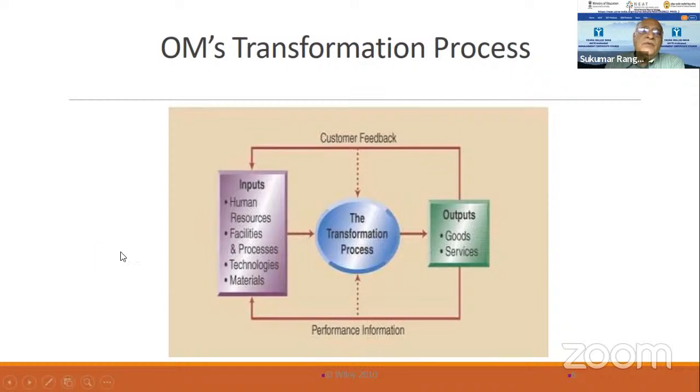Like in the case of services, it could be computers, servers, or many other equipment which may be required, and processes which are defined as to how things happen and should happen, which are clearly defined, and people are trained to do those processes.